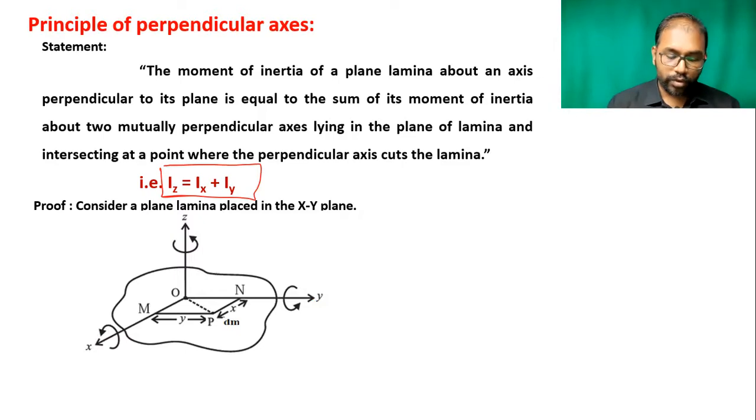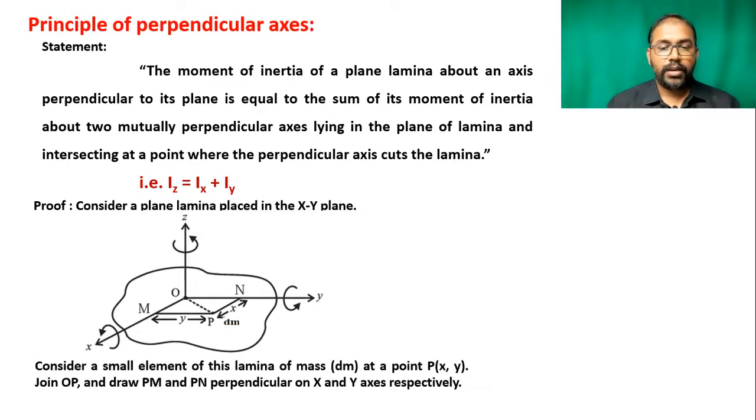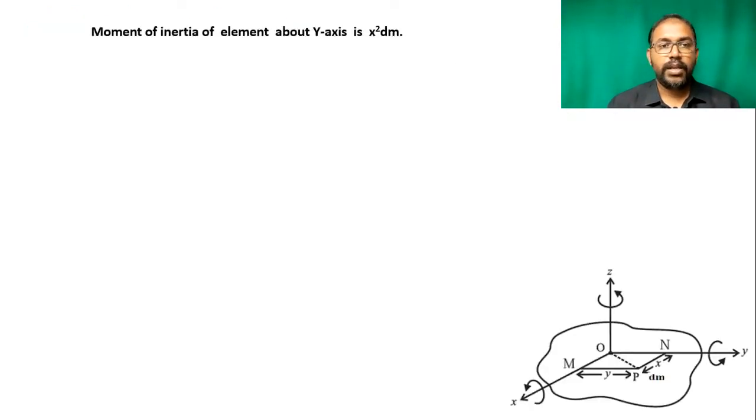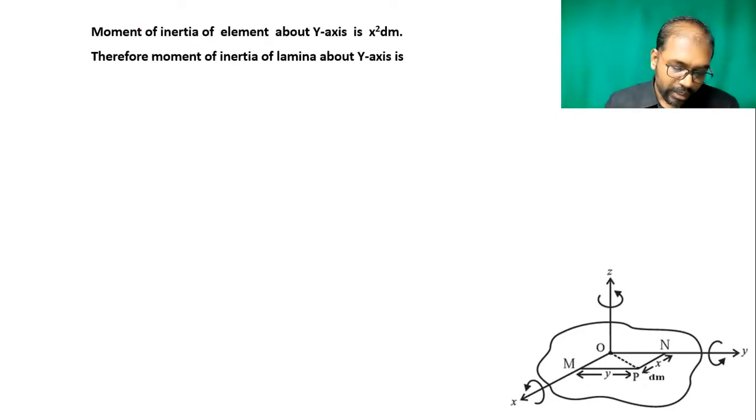Now let's see the proof of this. So we consider a plane lamina. You can see here in the diagram. Now after that, we have to write the moment of inertia about the y-axis. We consider here a small mass element P, which is at coordinates x comma y.